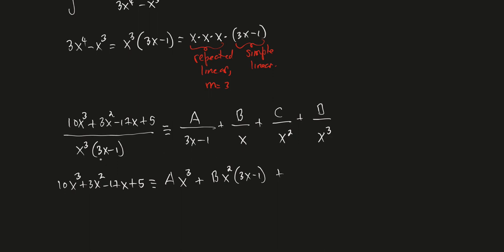Again, take this denominator, multiply the third fraction, then the x squared will cancel out two of the factors here. So I'll be left with c times x times a quantity, 3x minus 1. And then finally, if I take this denominator and multiply the fourth fraction, and the x cubed goes away completely, and I'm left with d times the quantity 3x minus 1.